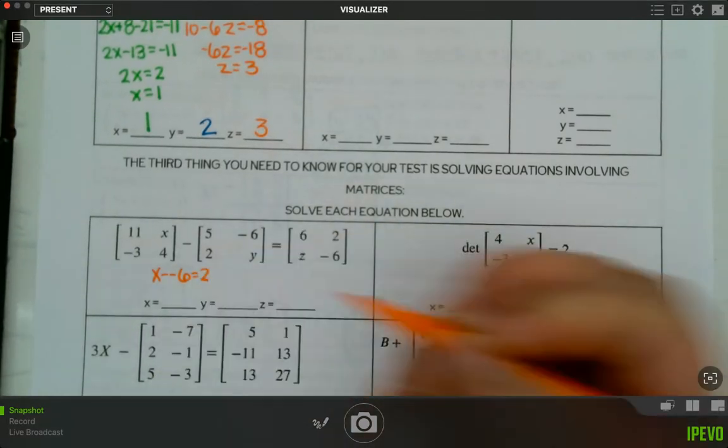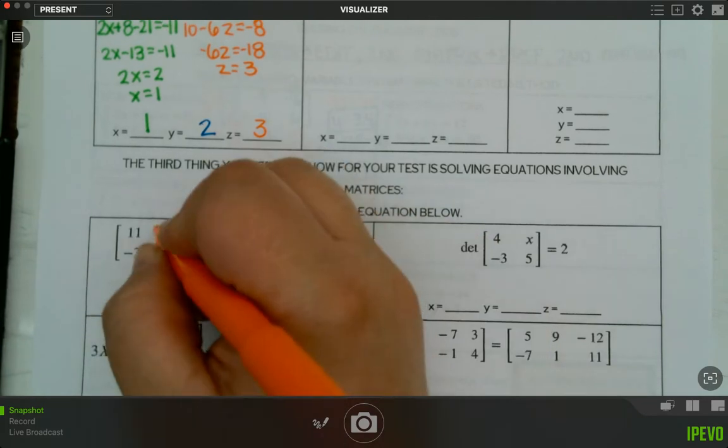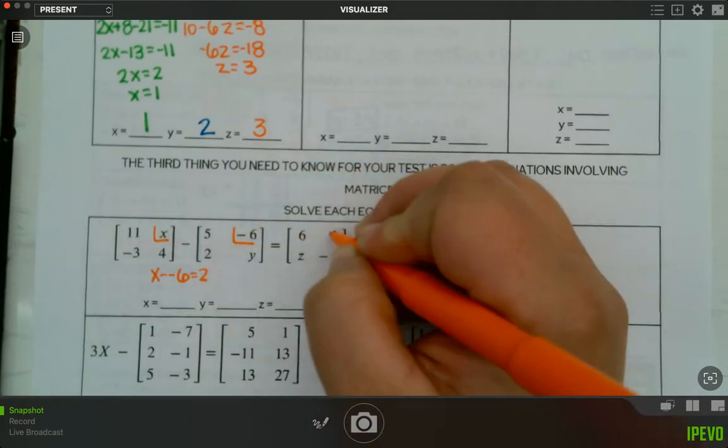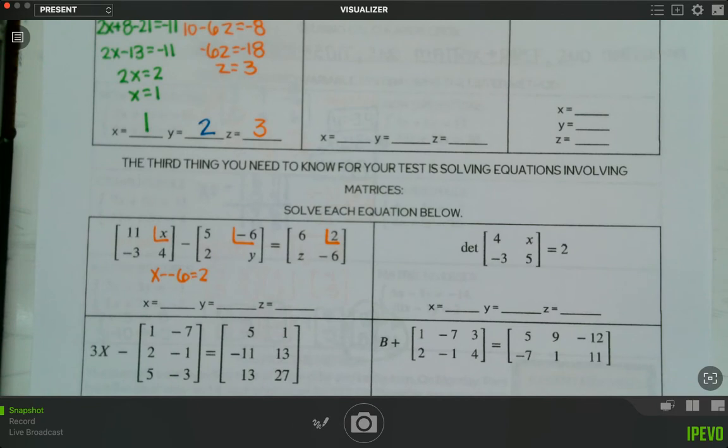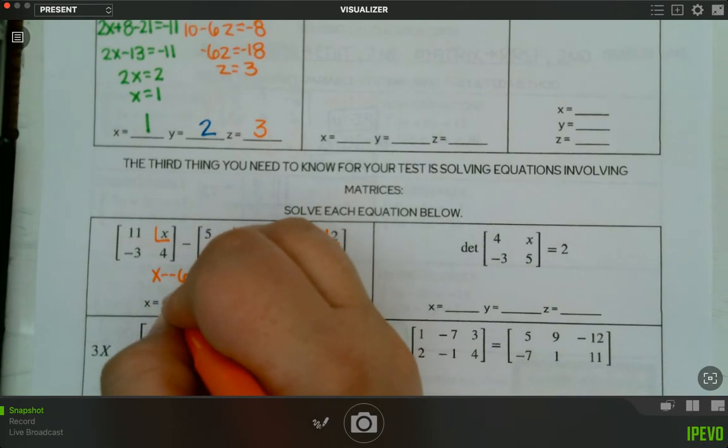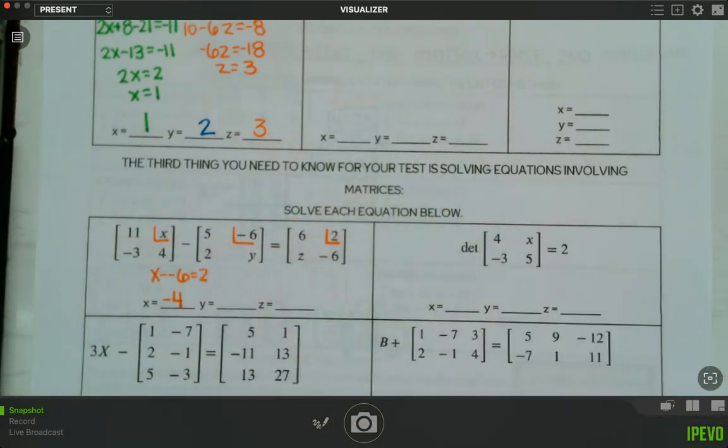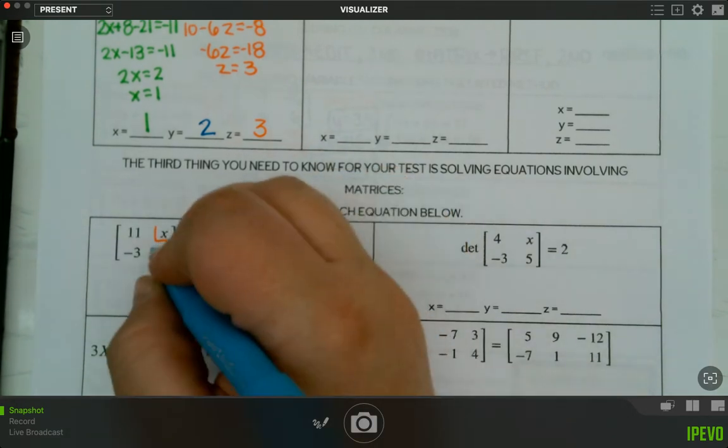Just be careful. Make sure you're looking in the same spot of each matrix. Okay? So that really is x plus 6 equals 2, so you need to subtract the 6 on both sides. Negative 4 plus 6 equals 2. And then you would do the same thing for y, but it's in the bottom right.